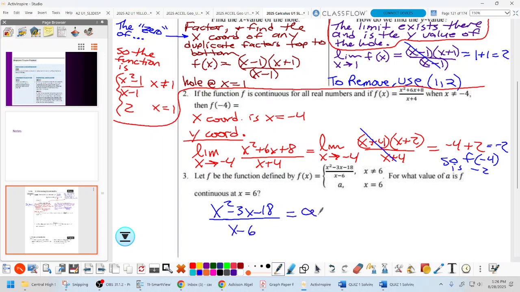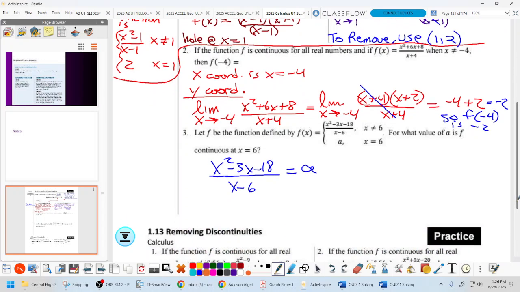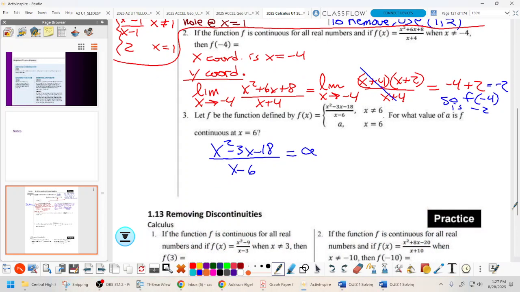Okay, right now we have two variables, x and a. Obviously we're evaluating this at x equals 6, but if you plug that in, you're stuck because you get a 0 denominator. So what do we do there? Factor. In all of these we have factored. It's not always going to be factoring, but you guys doing good at your factoring?